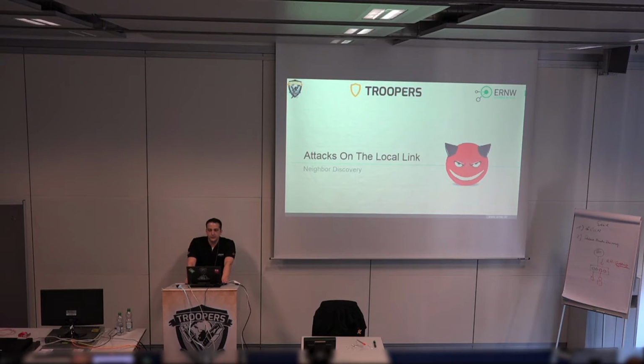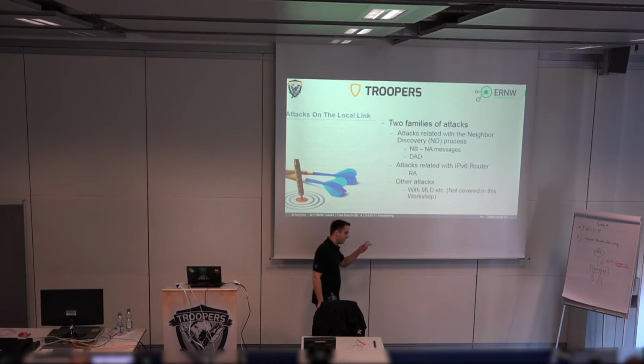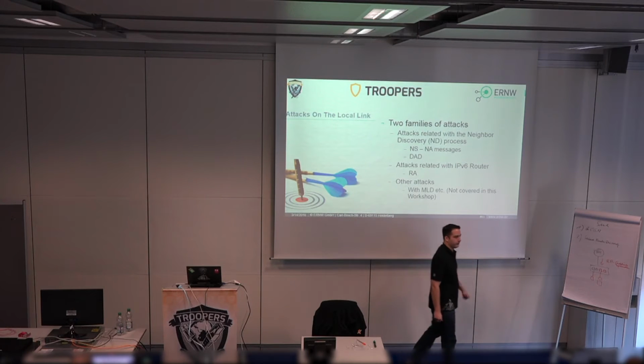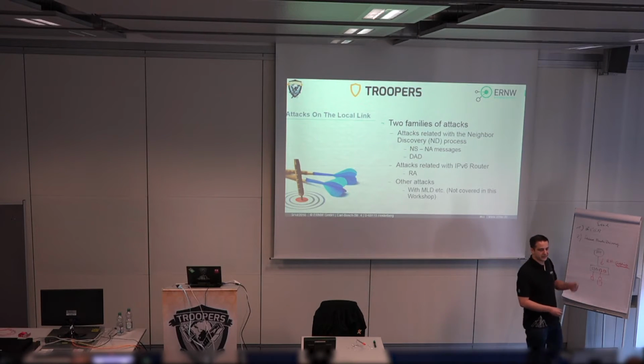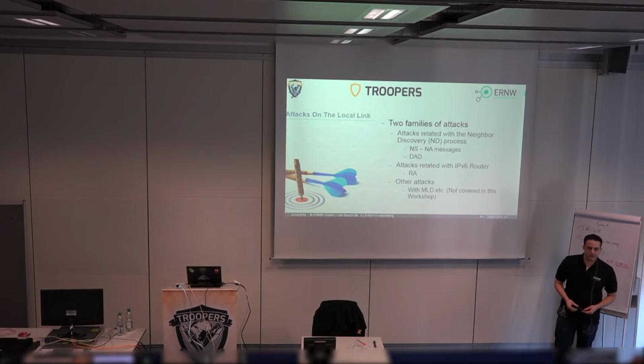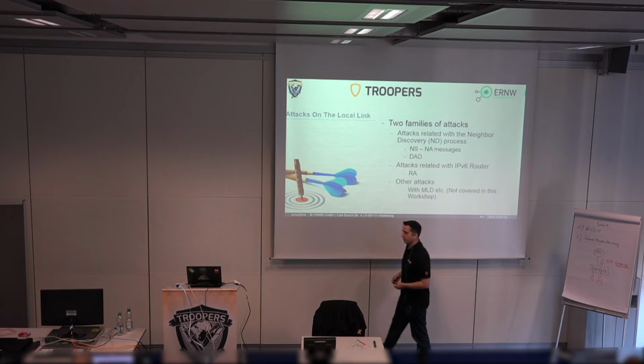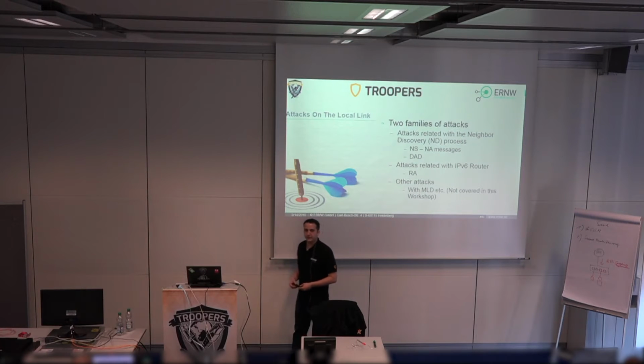So let's start with the attacks on the local link. All these attacks you can mainly split in two parts. The first part is all attacks related to the neighbor discovery process. So the typical ARP spoofing like we have in the IPv4 world. It's the same approach, and we have unfortunately the same problem in the IPv6 world.